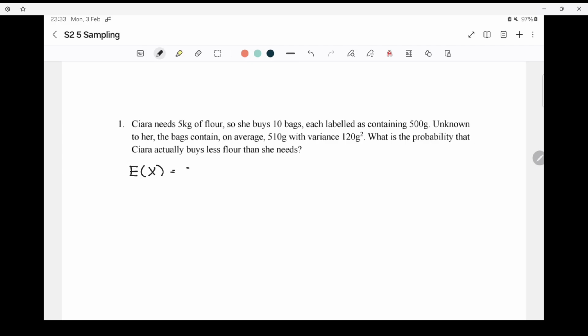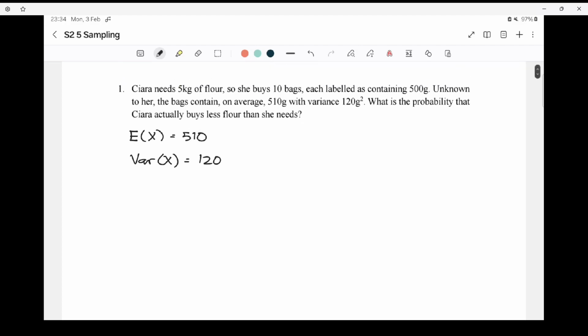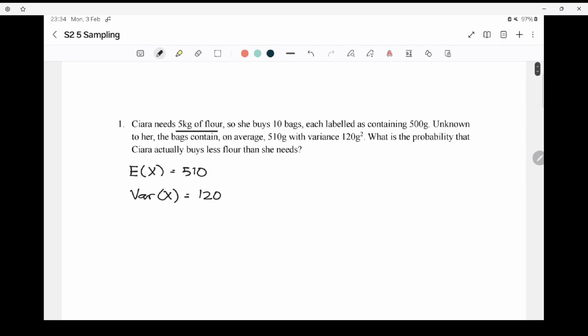This is 510. The variance is 120. Okay. So now 5 kg is the sum. So if you want to find the average, you use 5,000 gram divided by 10. So this is 500.